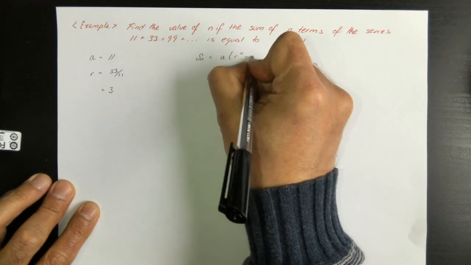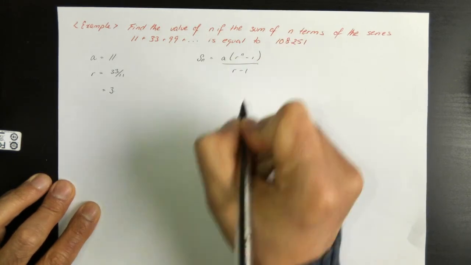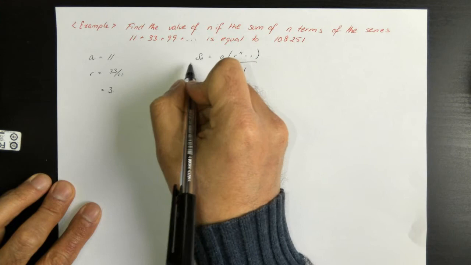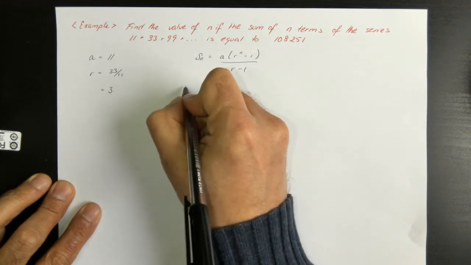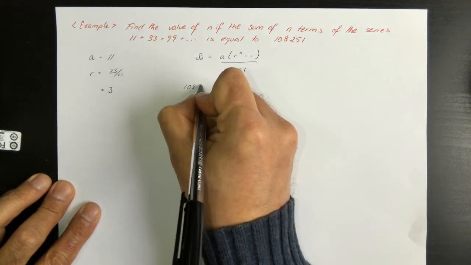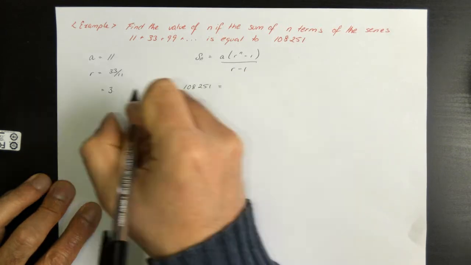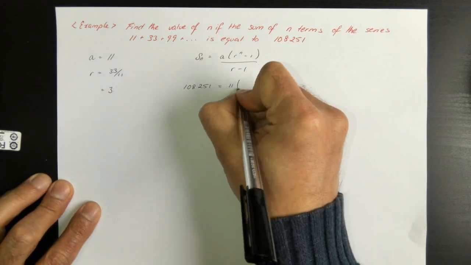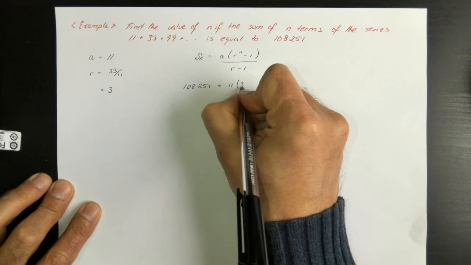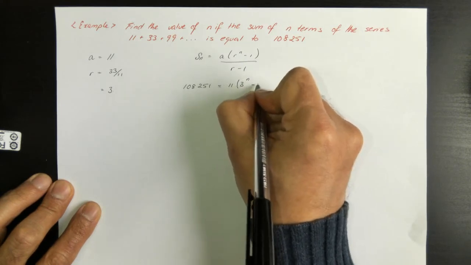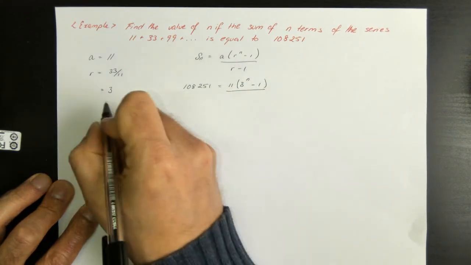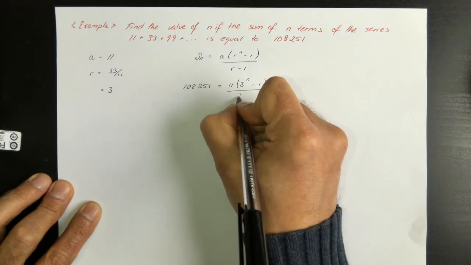We know that Sn, the sum of n terms, is 108,251. a is 11, r is 3 to the power of n minus 1, over 3 minus 1, which is 2.